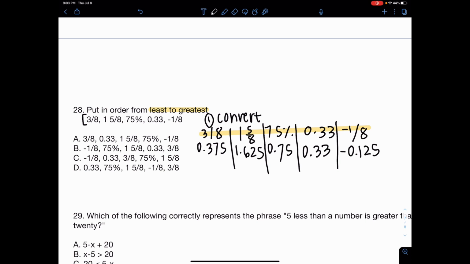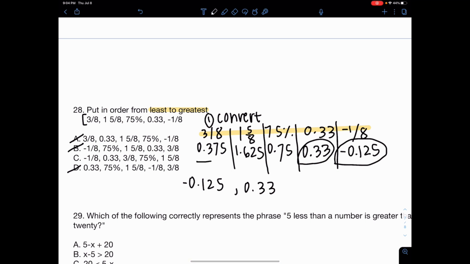So I can go ahead and look at it, and obviously I'm going to see that the least is negative 0.125. So let's go ahead and go up to our answer choices and cross off what I don't see is the least. That's the first thing you can do. And then second, I can see that 0.33 is next. And I can already see that we have a winner, but I'm going to keep on going just to make sure everything's right.